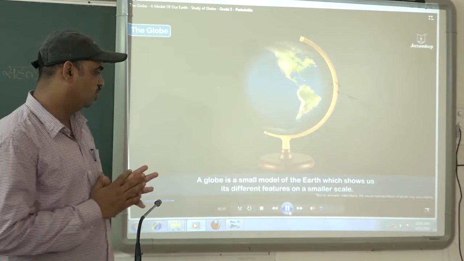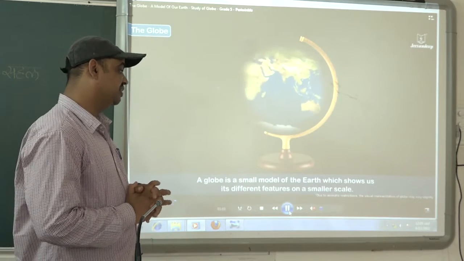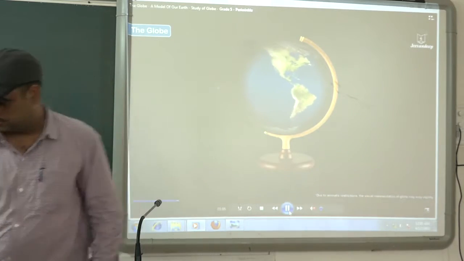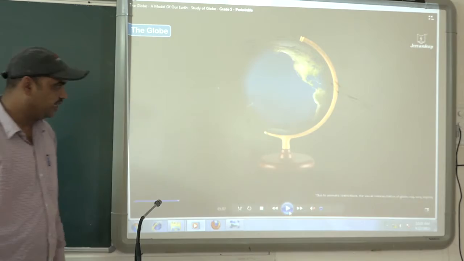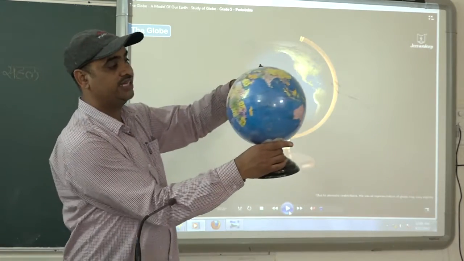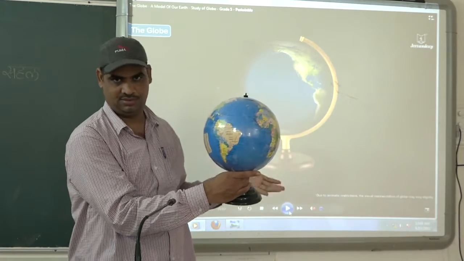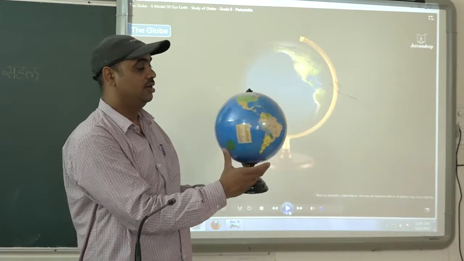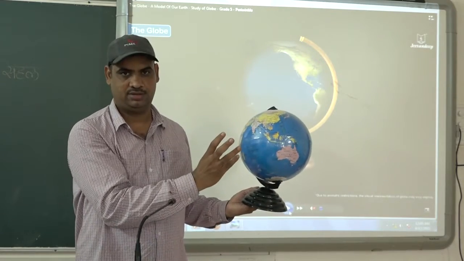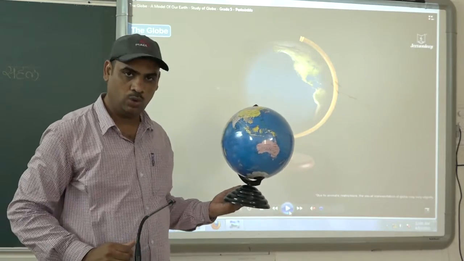A globe is a small model of Earth which shows us its different features on a smaller scale. If you look at the globe, the whole world is occupied here. Actually, the world is very big, but we are showing it on this small scale.